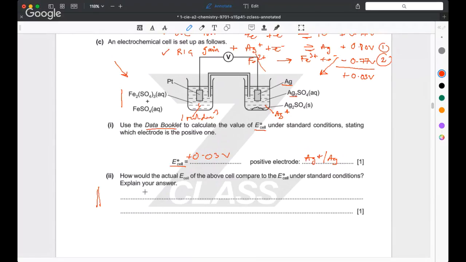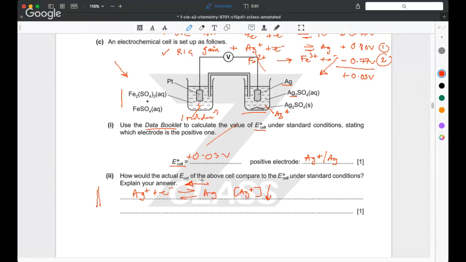And so you've got to think like this, that over here, the equilibrium is this, isn't it? That's the equilibrium that's being set up. Now, if our silver ion concentration is going down, because it's less than 1 mole per decimeter cubed, then this equilibrium is going to be moving to the left.